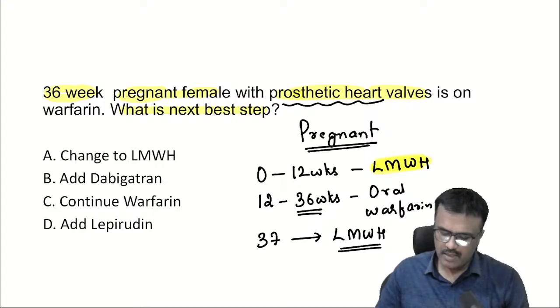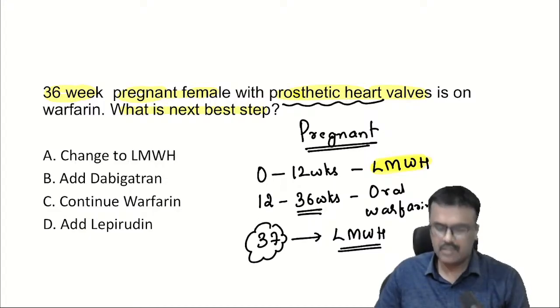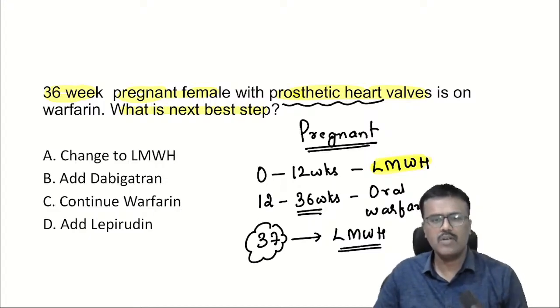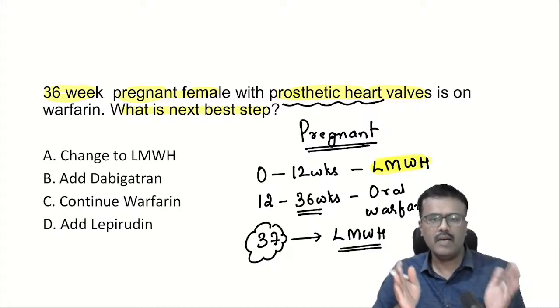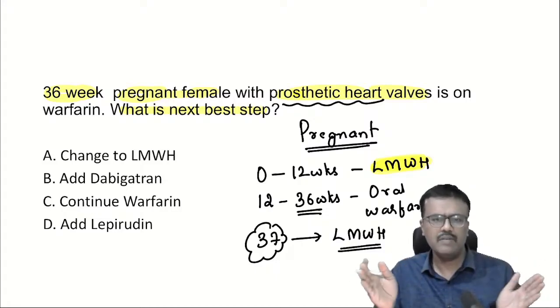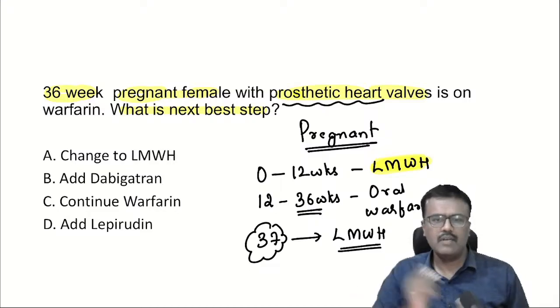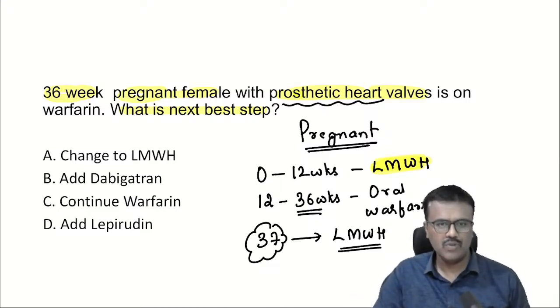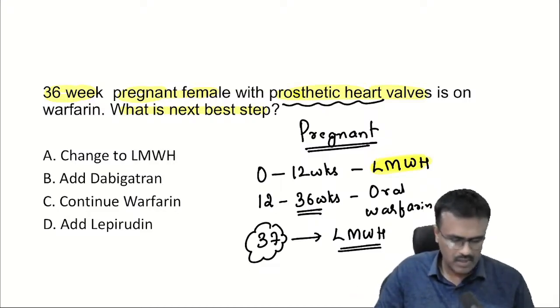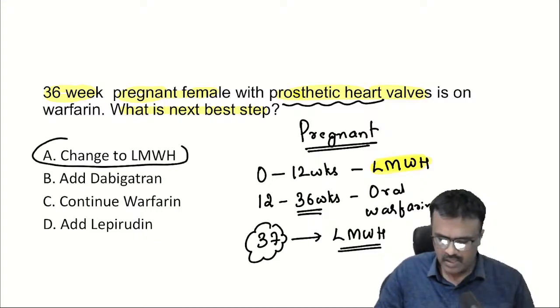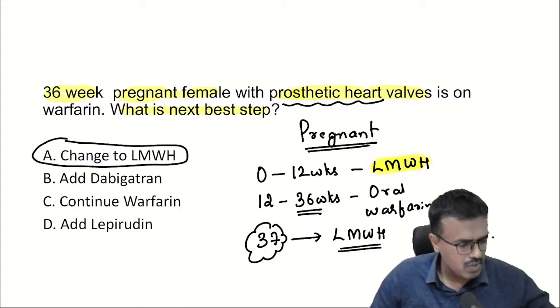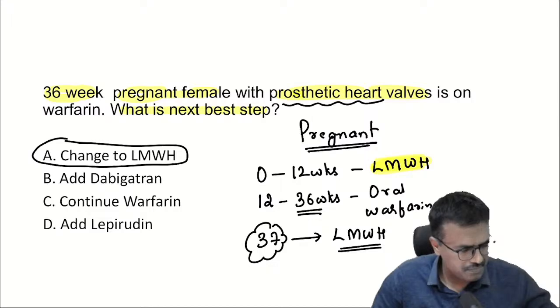So it is ideal that at the end of 36 weeks, we change to injection, because low molecular weight heparin has a half-life of 8 to 12 hours, and its action will be gone. So at the end of 36 weeks, the best thing I can do is change to low molecular weight heparin. So that is what we can do in this case.